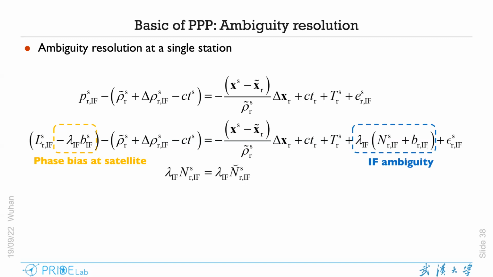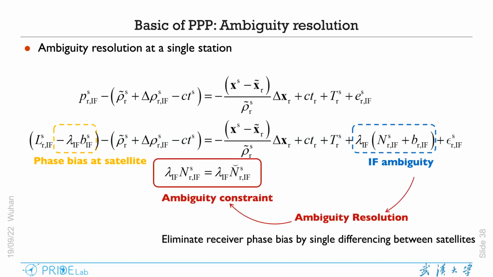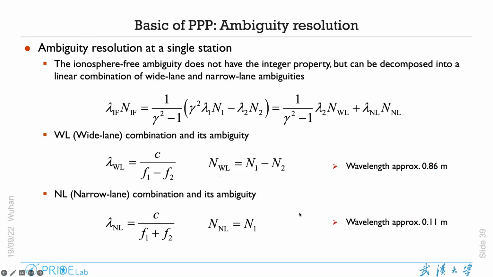So then we have to do some more decomposition. The first one is to use single differencing between the satellites to remove the receiver-related phase biases, because the phase biases are related to both the satellite phase bias and the receiver phase bias.